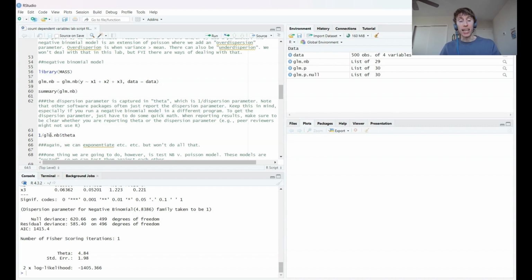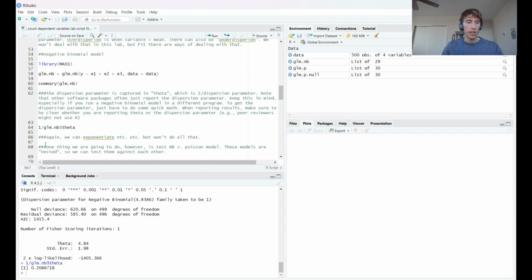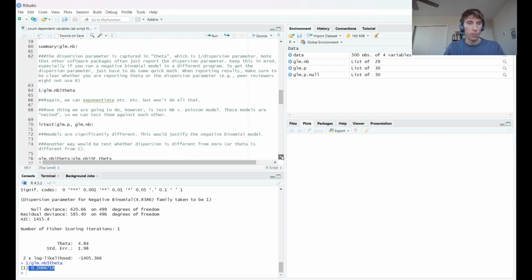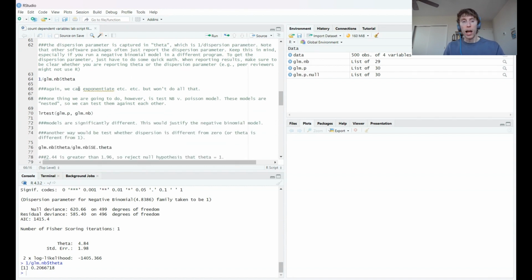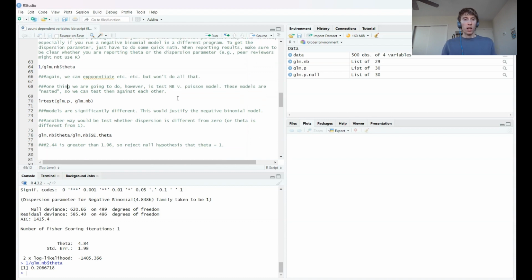And notably, it's easy to get to that dispersion parameter. We can just do 1 over theta and then get the dispersion parameter if you did want to report that, maybe instead of theta. Again, you can exponentiate and do some of the other things that we've done with GLMs. I'm not going to do all of that for now, and we're going to move forward.